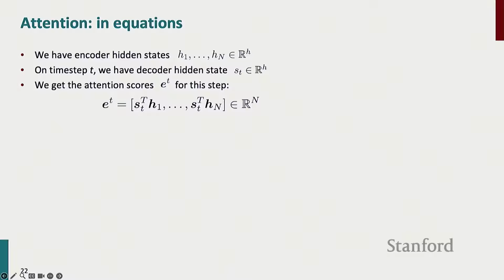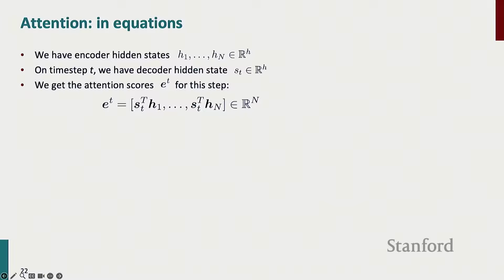To calculate the attention scores for generating the word for time step t, we're going to calculate an attention score for each position in the encoder.